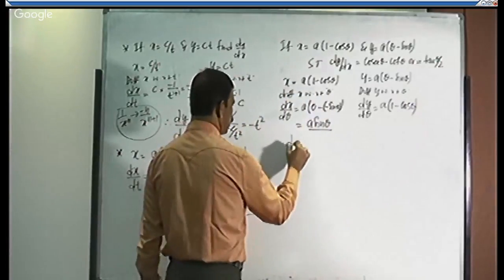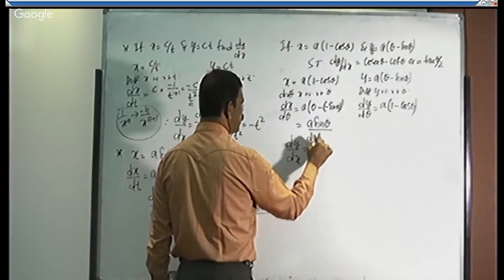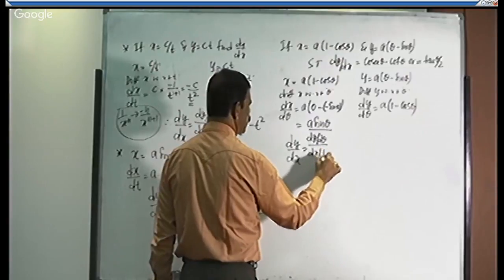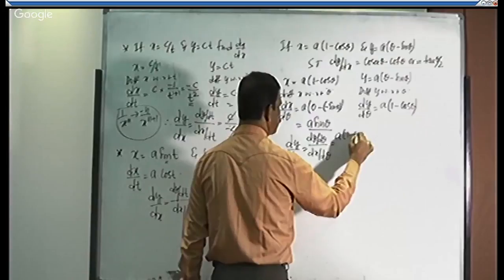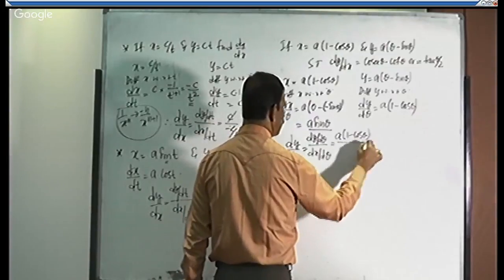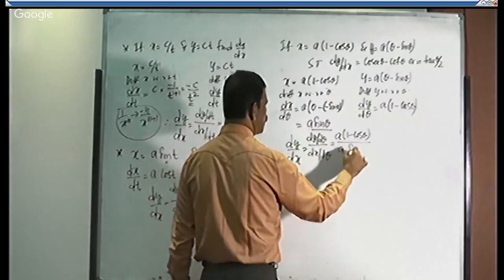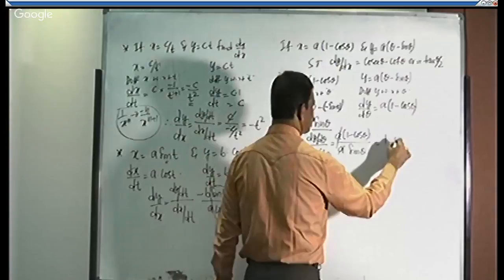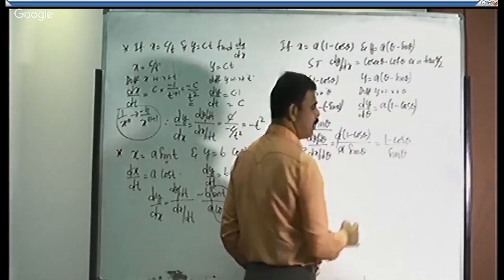Differentiation is over. Then take dy by dx. Dy by dx is dy by d theta divided by dx by d theta. What is dy by d theta? It is a into 1 minus cos theta, divided by dx by d theta, which is a into sin theta. The a's get cancelled. 1 minus cos theta divided by sin theta is the derivative.